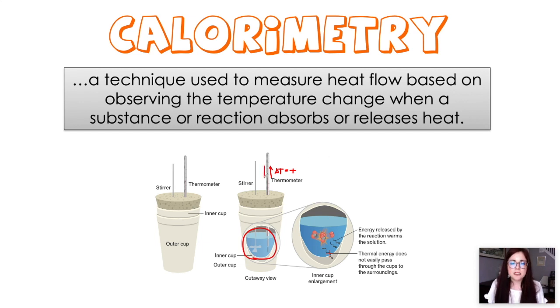Whereas if my delta T goes down, if my initial temperature is higher than my final temperature, your change in temperature would be negative. And using that value for delta T, we can measure heat flow between two different substances, which is what we're really going to focus on a lot.